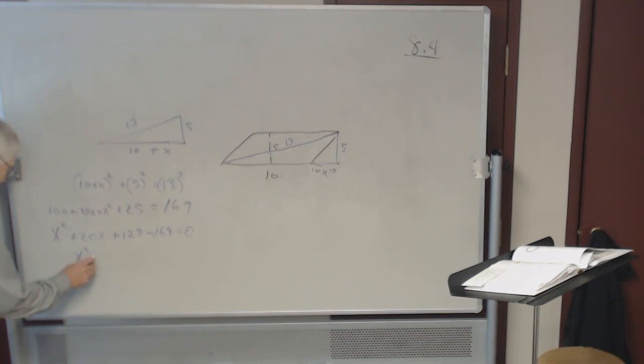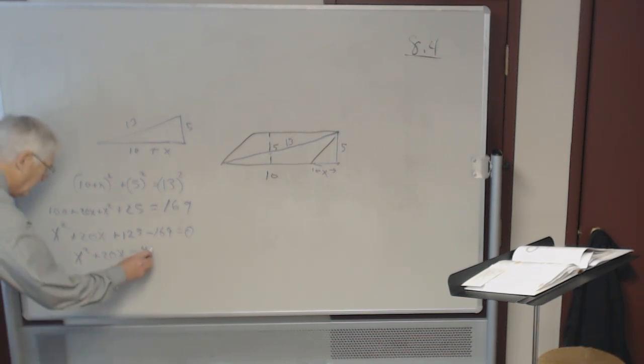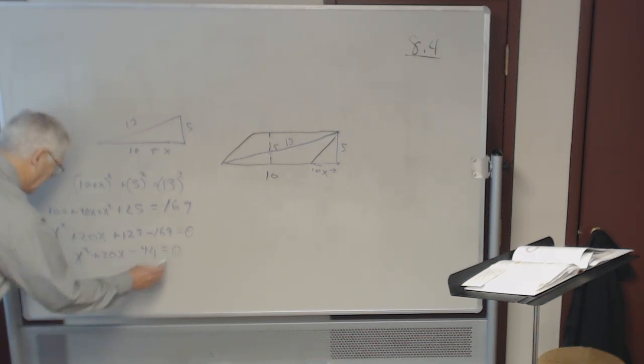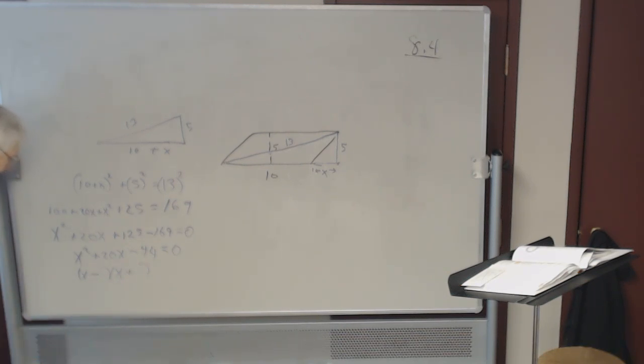So x squared plus 20x minus 44 equals 0. Does that look right? So draw your two parentheses, x, and plus and minus.